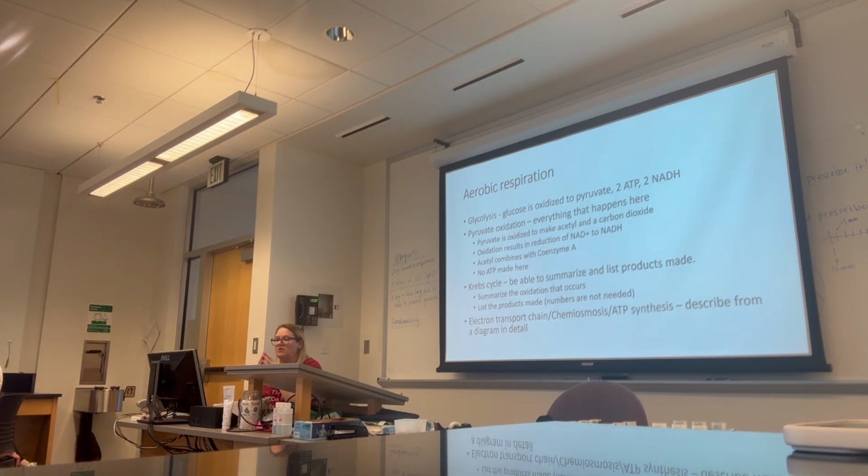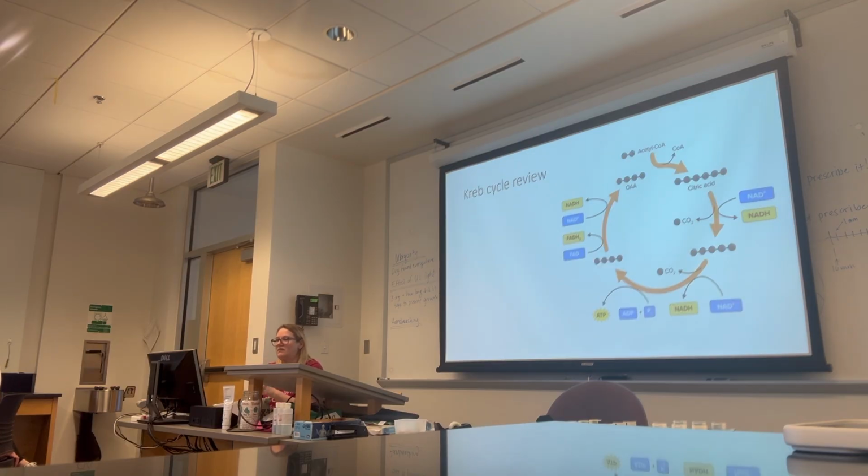And then for the Krebs cycle, all I really need you to do is explain this in a couple sentences. Okay, so you don't need the deep details. So the acetyl-CoA binds with the starting molecule to make citric acid.